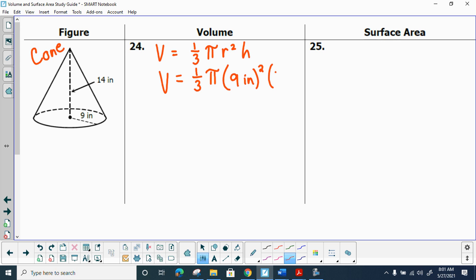The height of our cone is 14 inches. We get about 1,187.52 cubic inches.